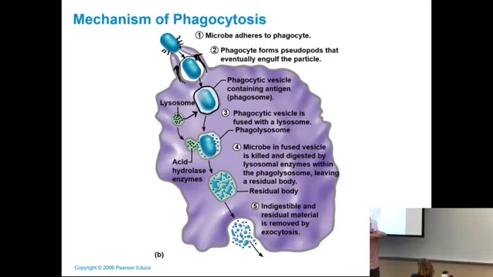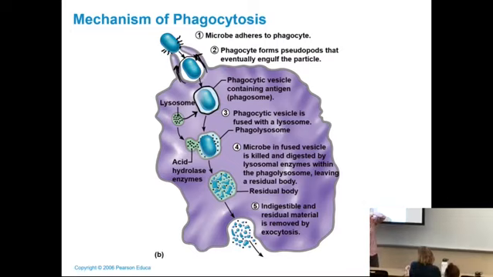So we've ingested it, we've eaten it, now we need to digest it, we need to kill it off. And so we have these little bags of digestive enzymes in the lysosomes. Remember this from cell biology, those could digest the cell itself. So that's why we keep them within those little vesicles that are called lysosomes.